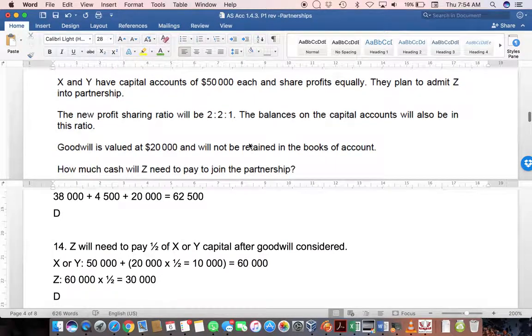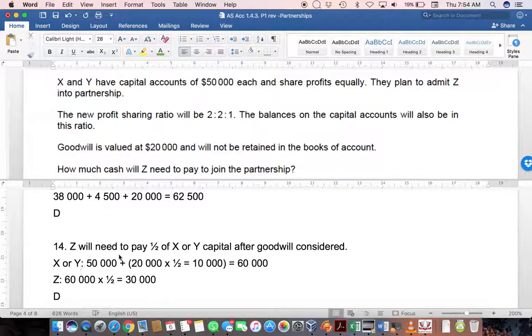Goodwill is valued at $20,000 and will not be retained in the books of account. How much cash will Z need to pay to join the partnership? Now, Z will need to pay a half of whatever X and Y have after you've taken your goodwill into account. So the first thing you need to do is look and see what goodwill they are going to actually get.